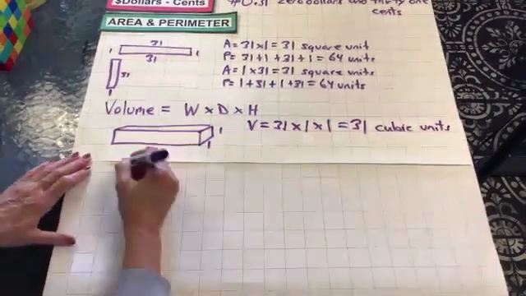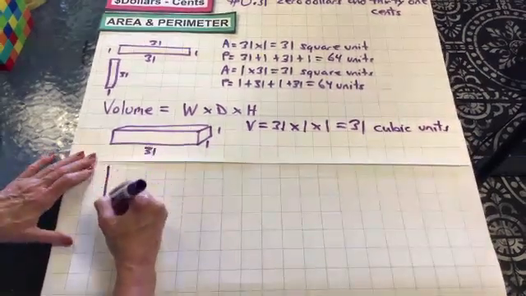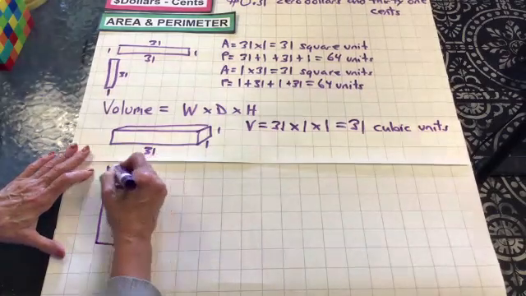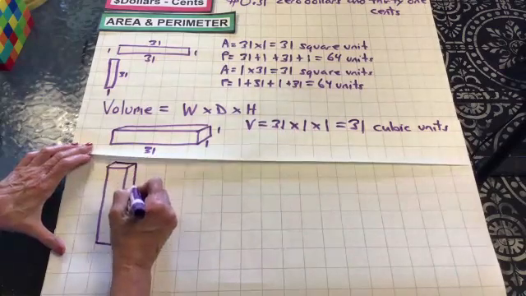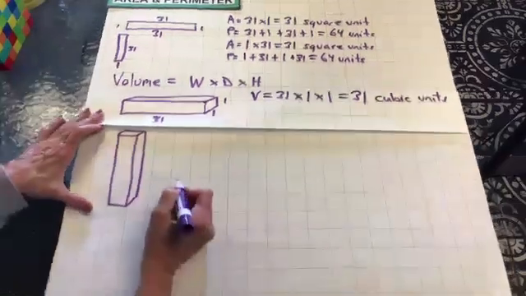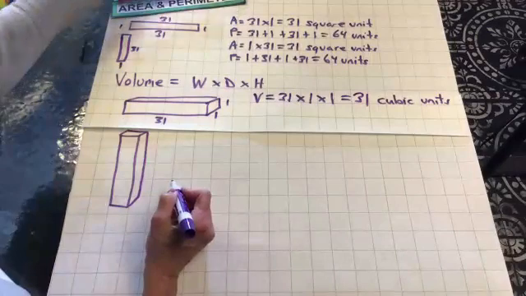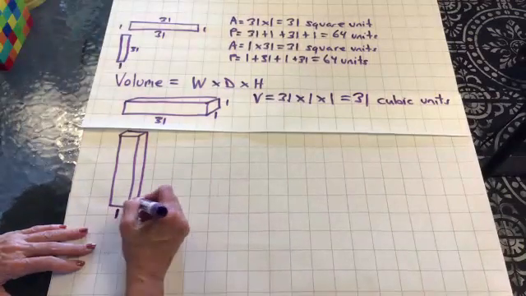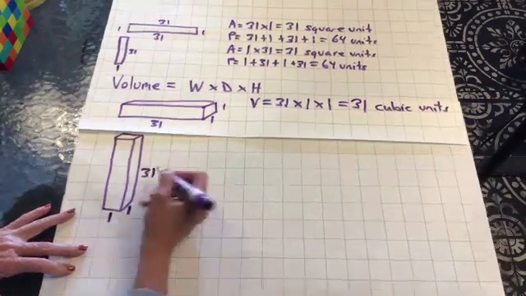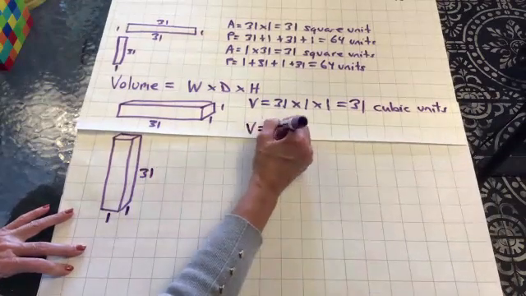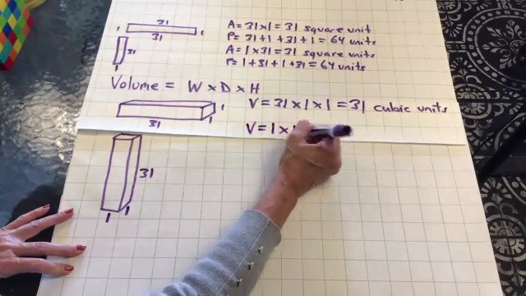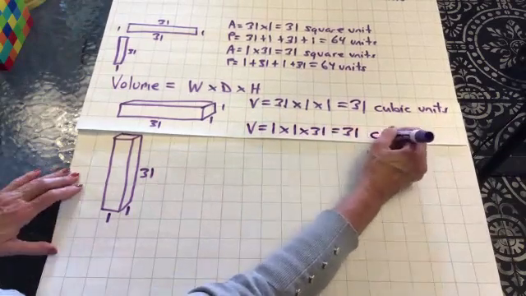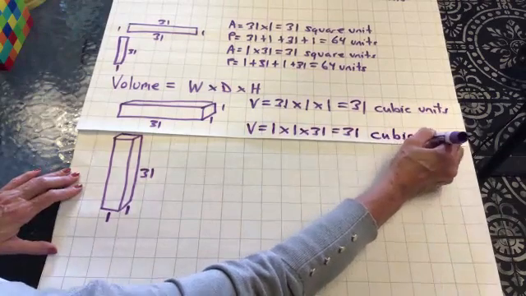All right. And then we come down here, we're going to stand that baby up. And we have a 1 by 1 by 31, which would be volume equals 1 times 1 equals 1 times 31 equals 31 cubic units.